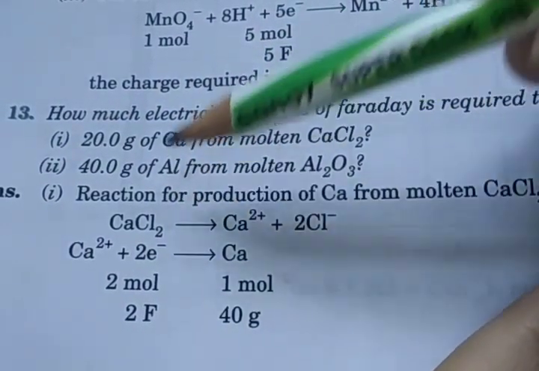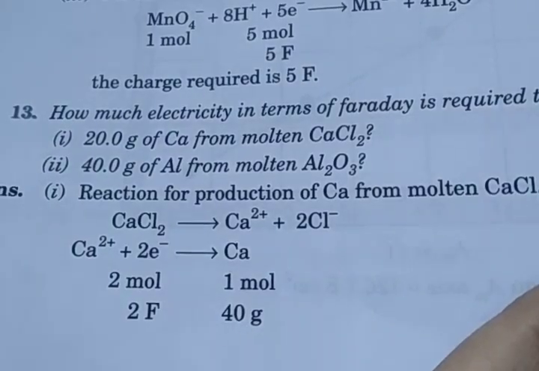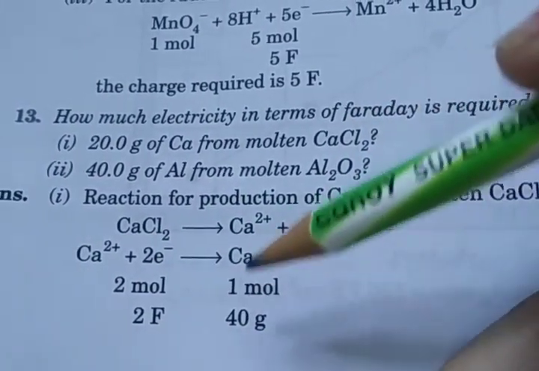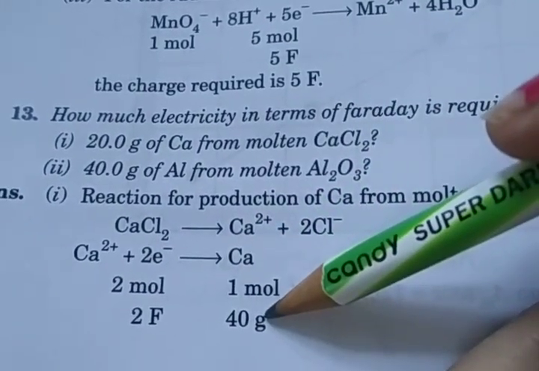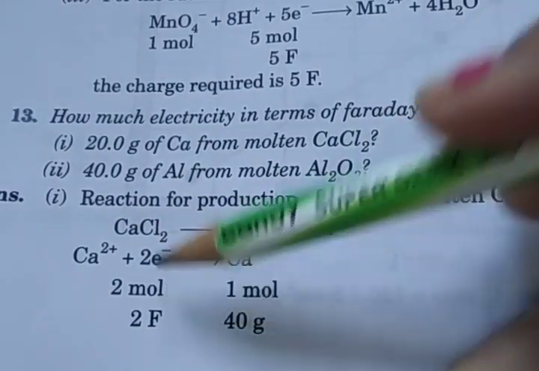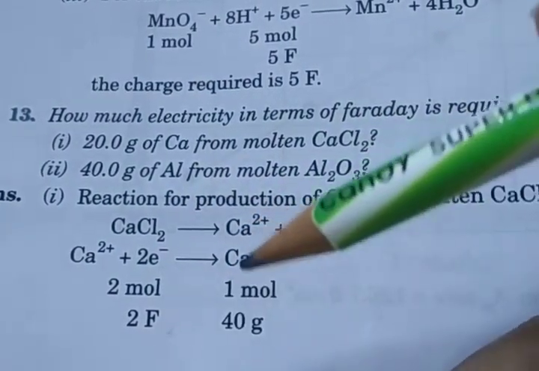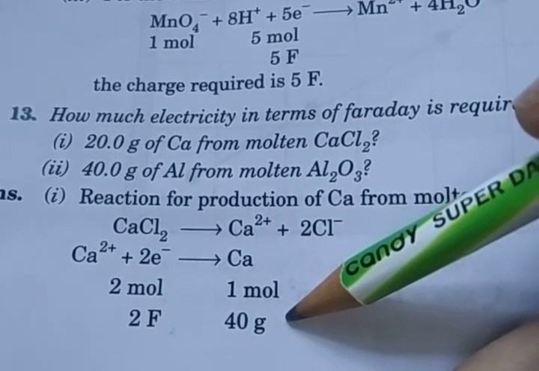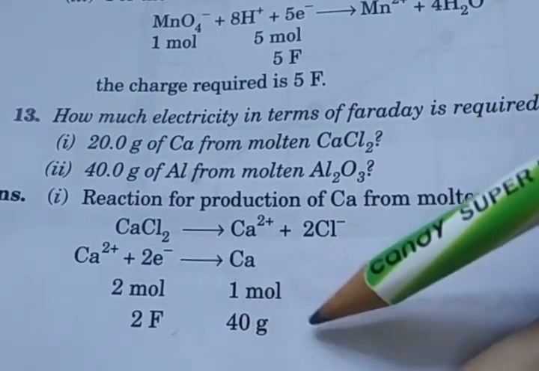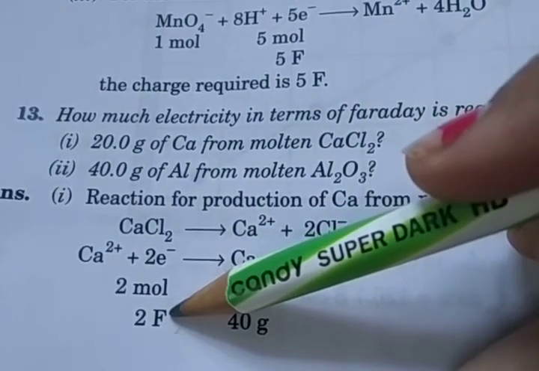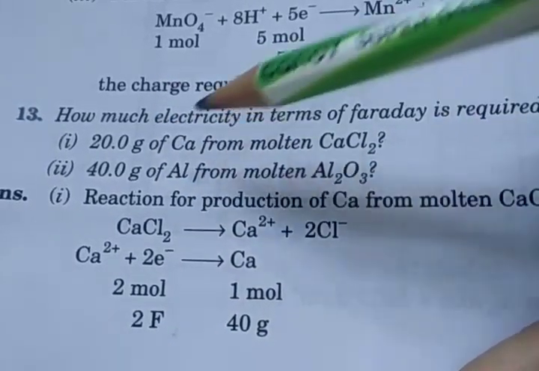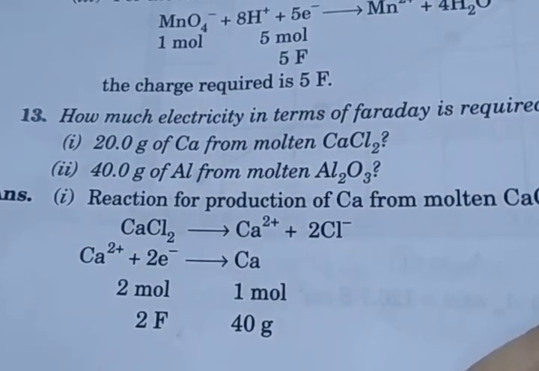So 20 gram calcium would be produced by 1 Faraday charge, because according to the equation, 2 Faraday contains 40 gram. So here given 20 gram, so 20 gram calcium would be produced by 1 Faraday charge.